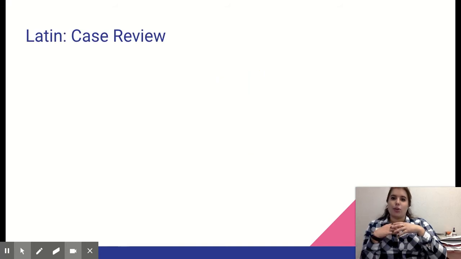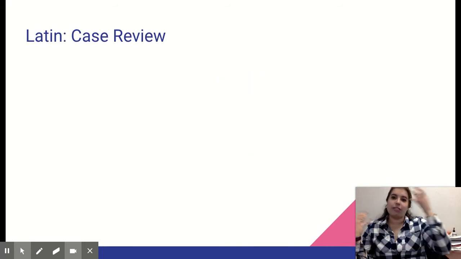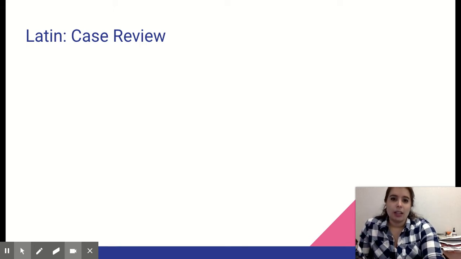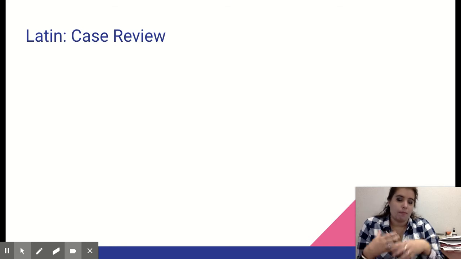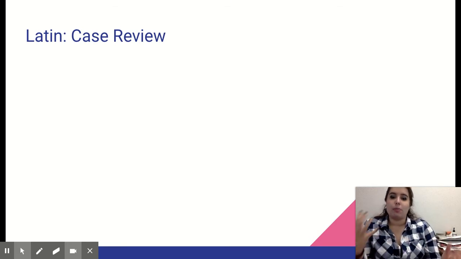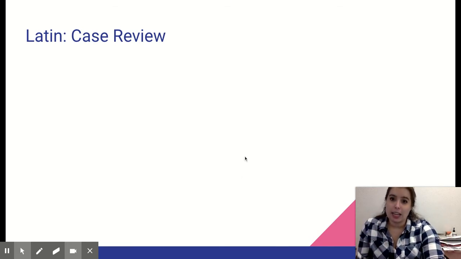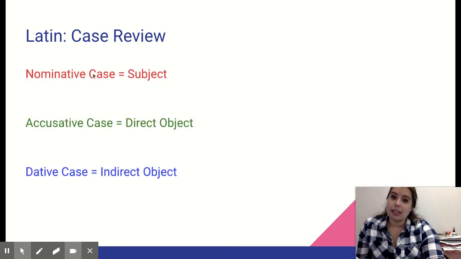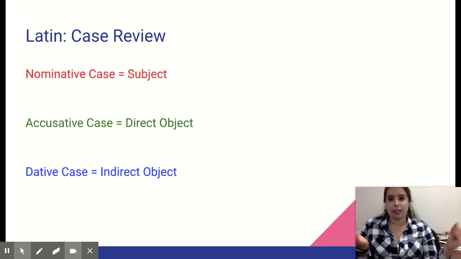All right, so all this being said, that's all English examples. What does this look like in Latin? Now in Latin, this indirect object is going to be taken up by a specific case, the dative case. So to review our cases, nominative case is used for the subject. Nominative cases have specific endings.